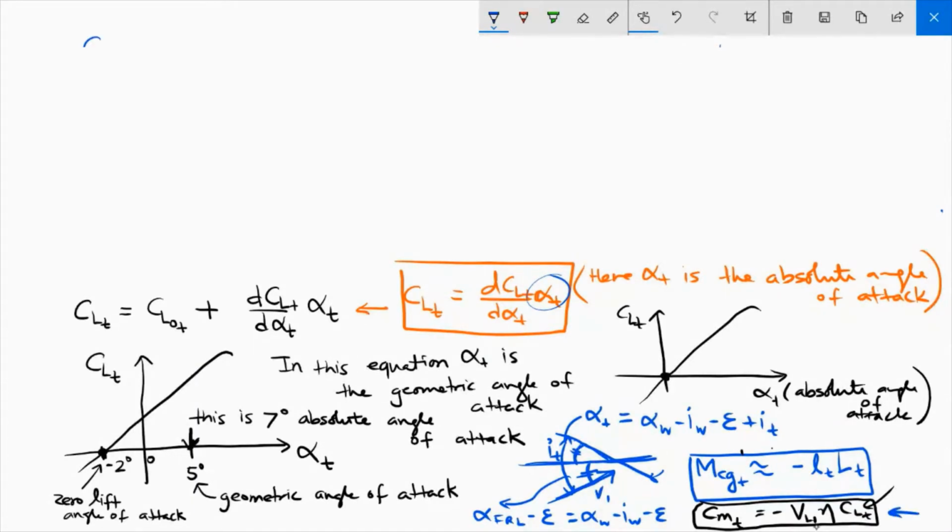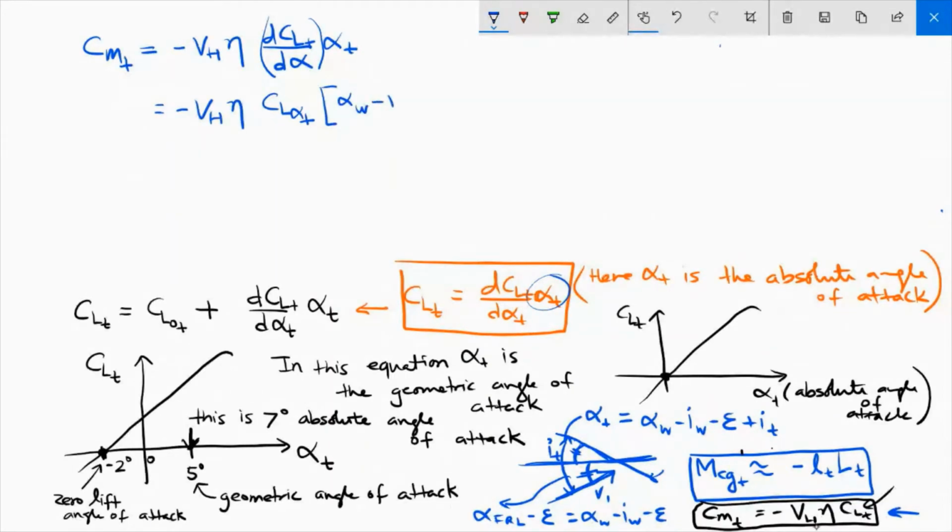Okay, so we have CMT equals minus VH eta CLT. Now CLT is dCL t d alpha times alpha t. Now this slope will be written in the shorthand notation. Okay, and alpha t is equal to alpha W minus IW minus epsilon plus IT. Okay, so this is the CMT.